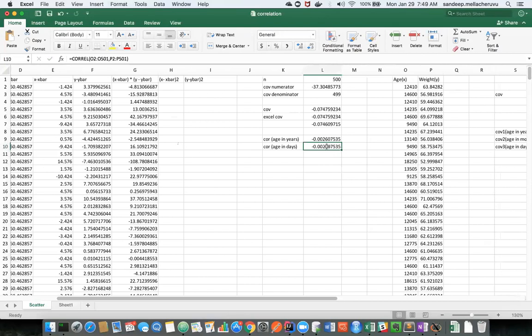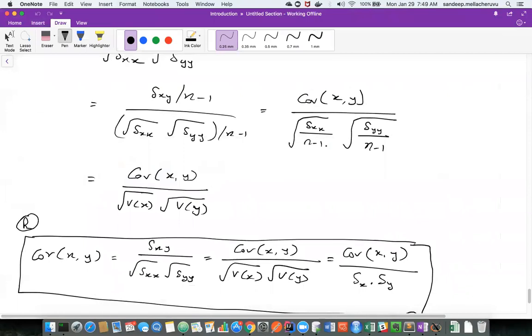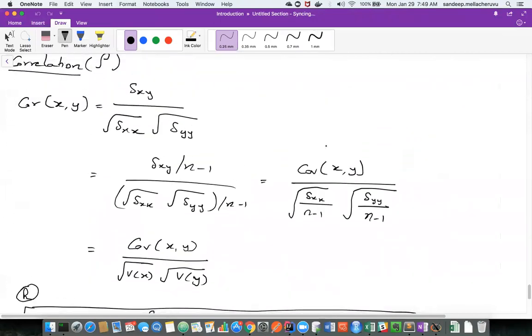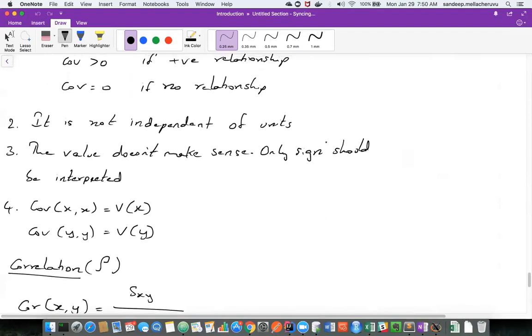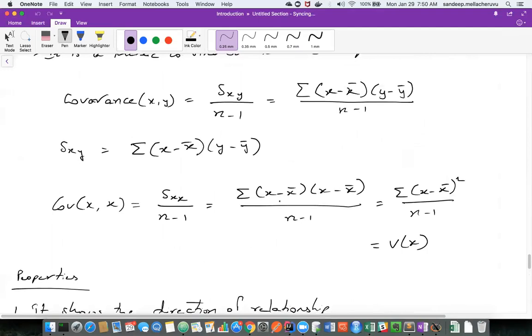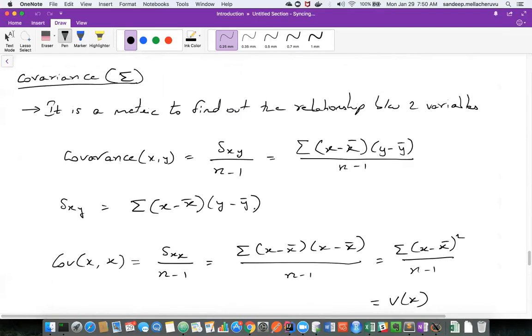But there are some cases where we use covariance. Covariance is generally used because of its mathematical properties, not because of the value that it produces. Most of the time, whenever we use covariance, it is only for theoretical purposes, and correlation is for your practical understanding. There is a reason why I teach covariance, and you'll see covariance in many theoretical applications.